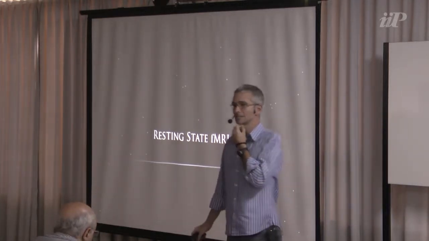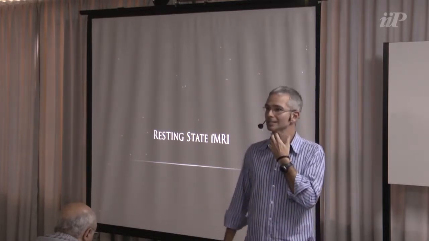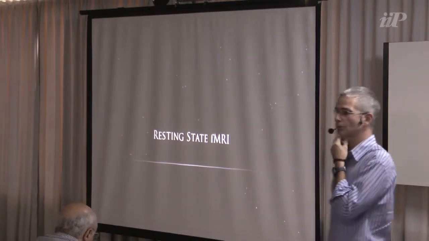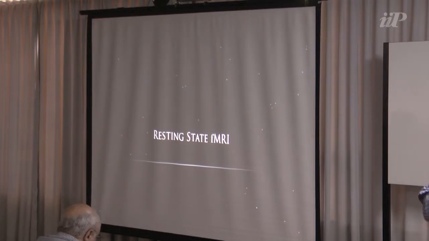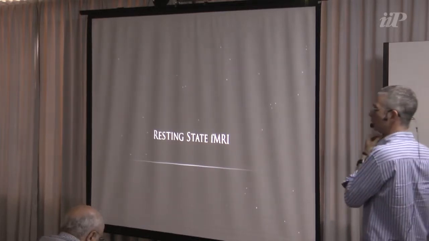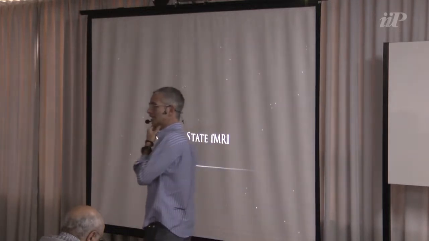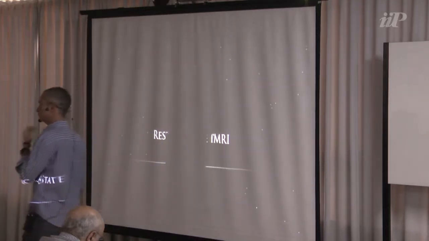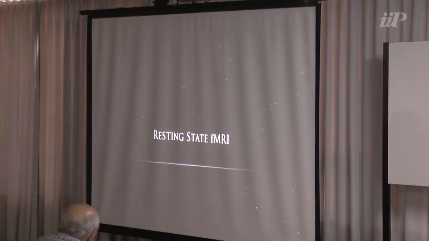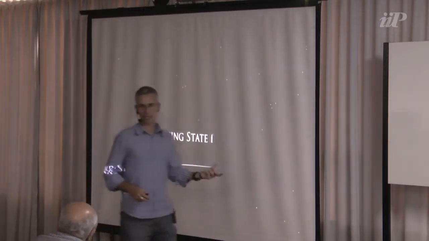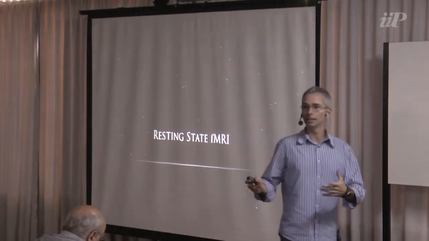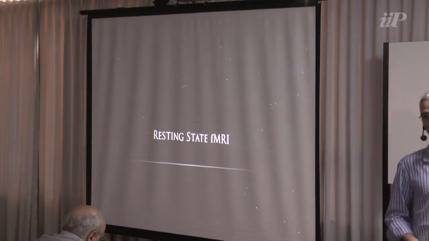What is resting state fMRI? Basically, it's a very simple protocol where you have an individual inside an MRI scanner doing nothing for a couple of minutes. He's just there and I'm acquiring data from his brain. And why has this strategy gained a lot of space in the fMRI community?